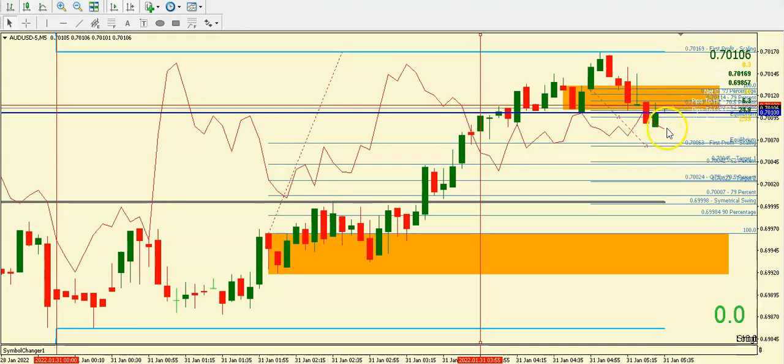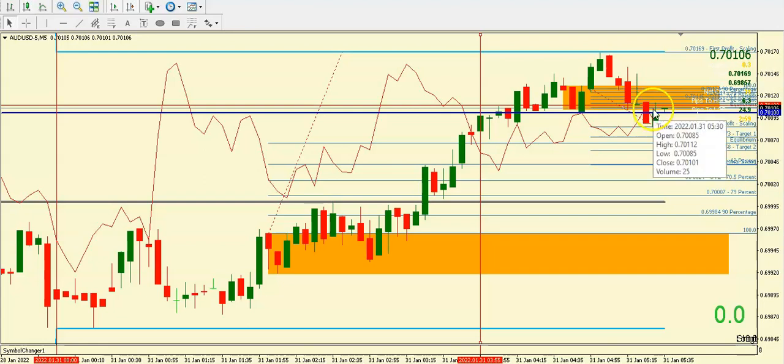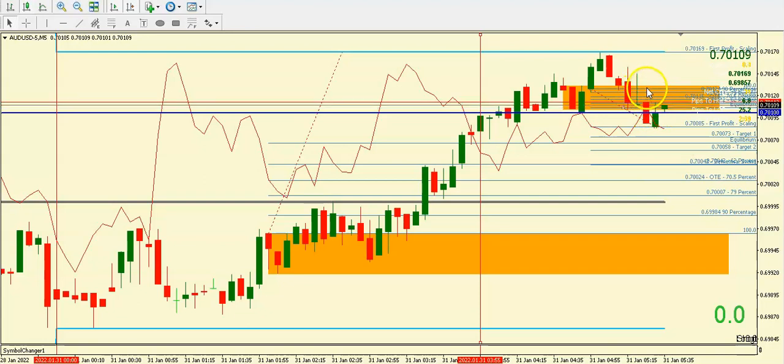If this candle doesn't break this low, it becomes a fractal, and that would bring this candle all the way up to this fib, all the way up to here. That would make the consequent encroachment or the filling in of this be the optimal trade entry. So there would be an entry. Let's try this.